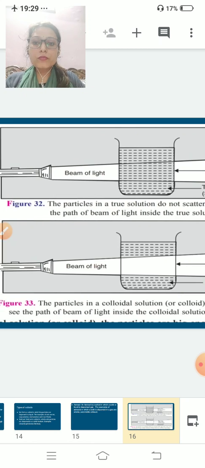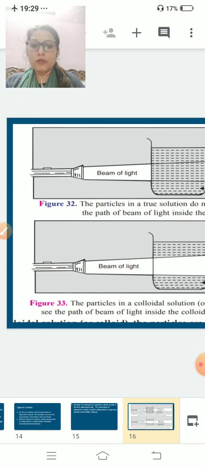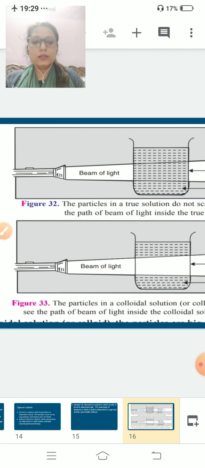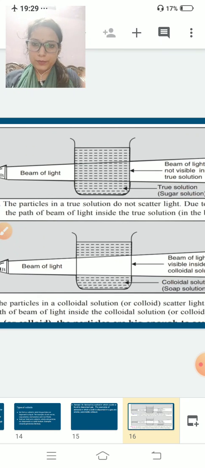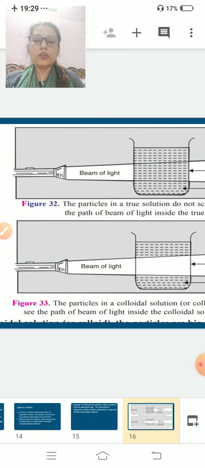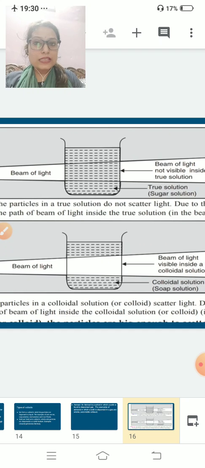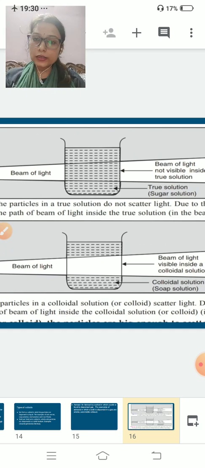Clear? Now, if I talk about a colloidal solution or suspension, what will happen? Here you will take a colloidal solution, for example. Switch on the torch. Here light will scatter, and this scattering of light is known as the Tyndall effect.